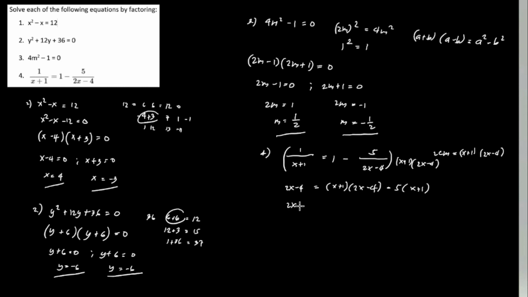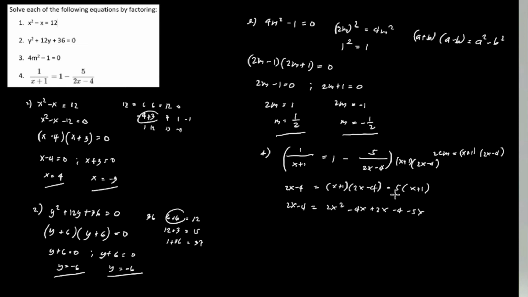So this is 2x minus 4 is equal to x times 2x, or 2x squared. x times negative 4 is negative 4x. Plus 1 times 2x, or plus 2x. Plus 1 times negative 4, it is negative 4. And negative 5 times x, or negative 5x.